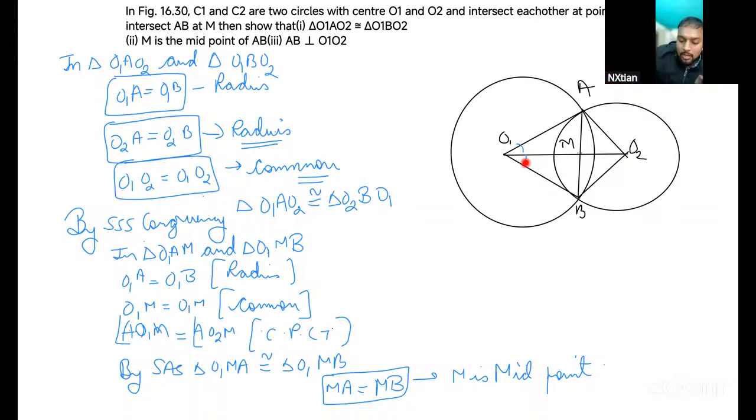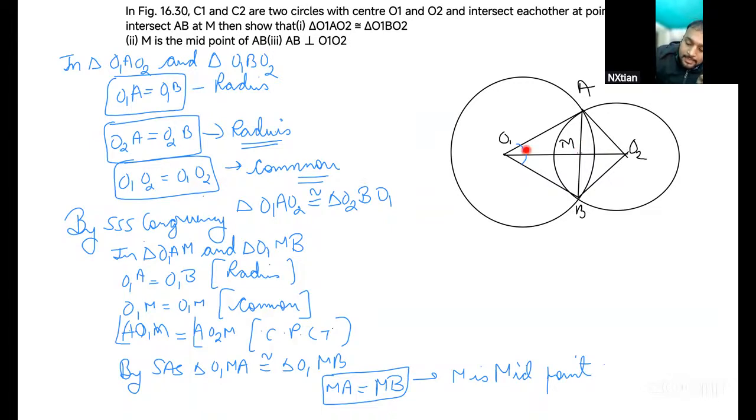Okay. Now I'm telling it to you. O1AM, this triangle, and O1MB, this triangle. These two triangles we are taking. Now in these two triangles, O1A is equal to O1B because they are radius. O1M is common.